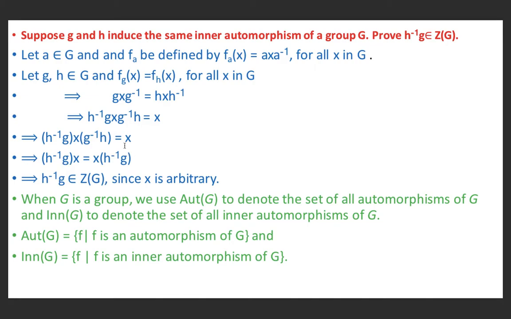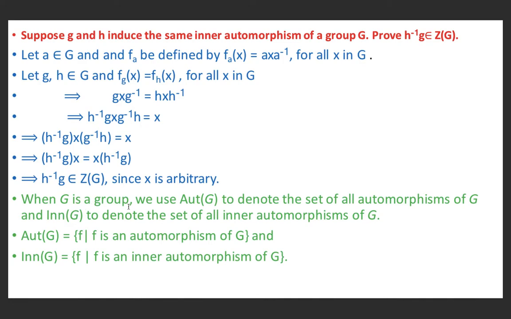On the right hand side, if we multiply by the inverse of g inverse h, then we will get h inverse and g, because the inverse of g inverse is g. It means h inverse g can commute with every element of the group G. So by the definition of the center of a group, h inverse g belongs to Z(G). It means we have proved that if g and h induce the same automorphism of a group G, then h inverse g belongs to Z(G), which is nothing but the center of the group G.